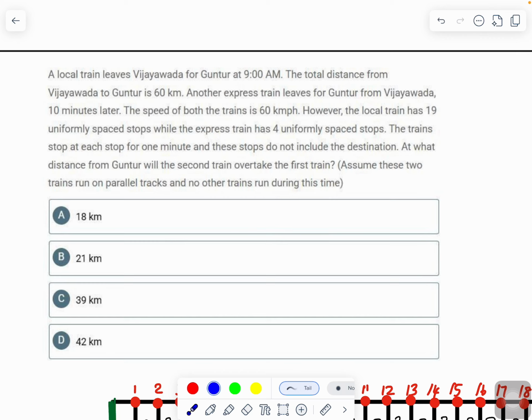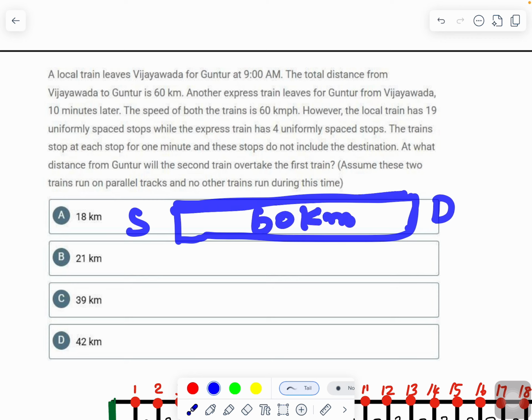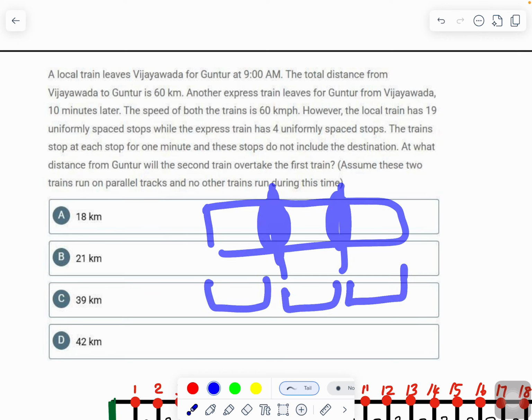So it is more like, let's say there is a 60 kilometer distance. This is the start and this is the destination. If I place one stop in between, it will be cut into 2 equal parts, whereas if I place two uniformly spaced stops in between, it will be cut into 3 equal parts.